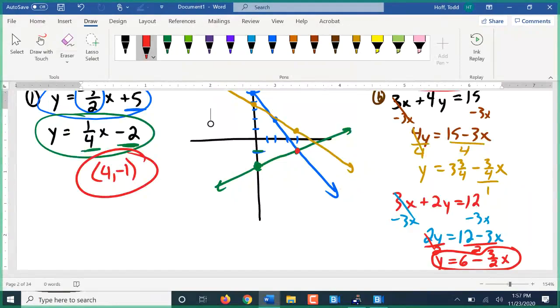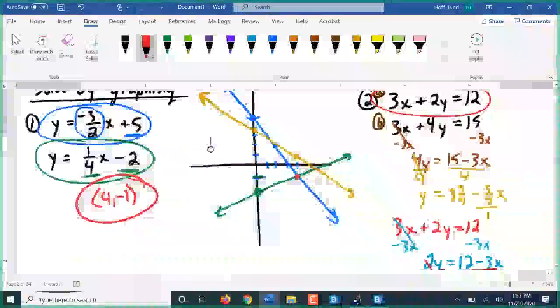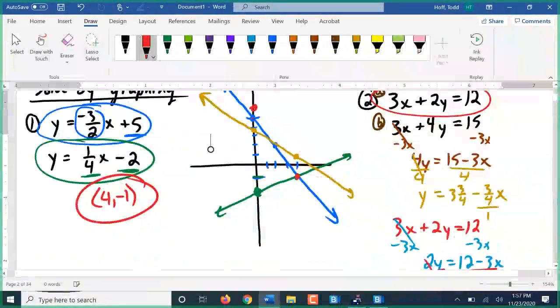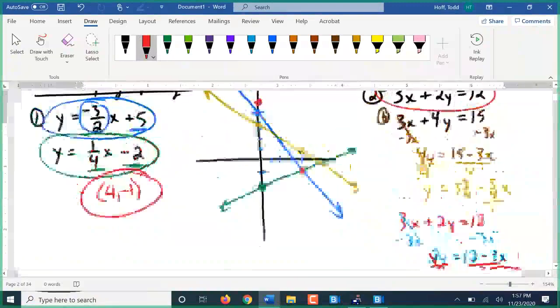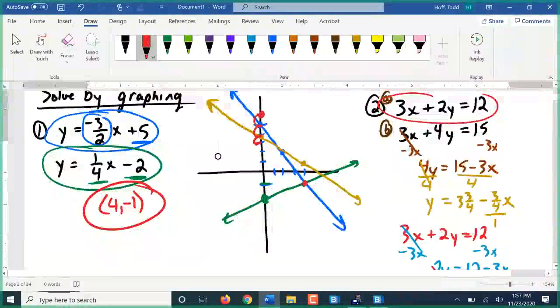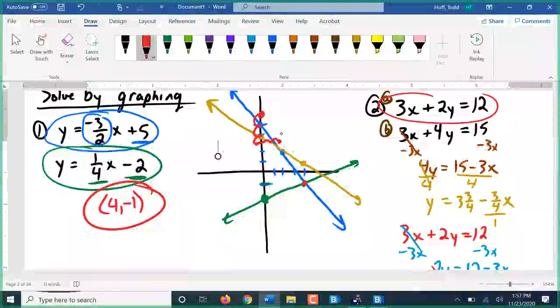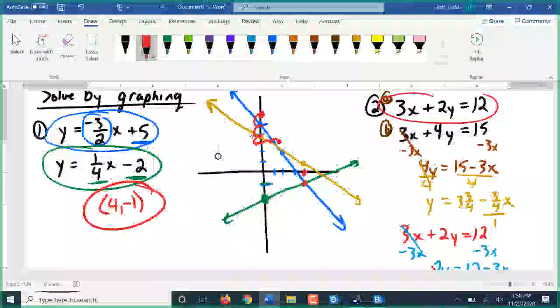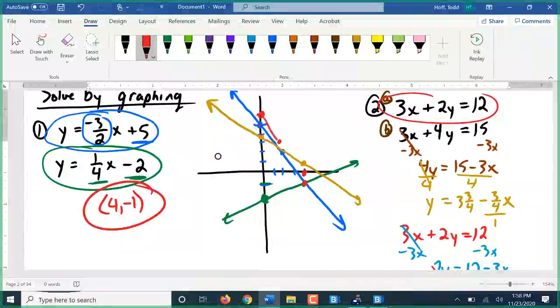So for that one, we're starting at a positive 6 right here. And we're going down 3 over 2. Let's do it one more time. Down 3 over 2. And our lines go through those points.